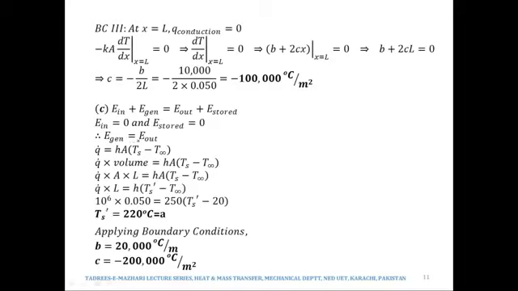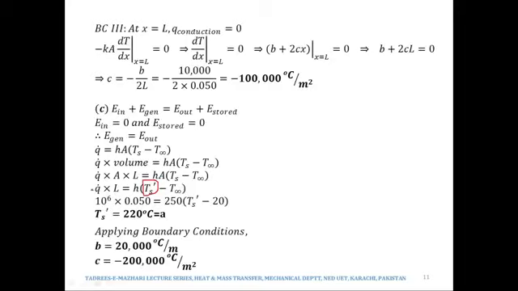So therefore E generated would be the same as E out. Again E generated would be Q dot times volume, and energy is still going out via convection, so we would be using hA times Ts minus T infinity. Volume may be written as A times L, and this Ts would now be Ts dash or Ts new, whatever you like to call it.